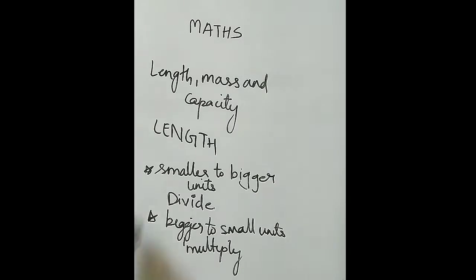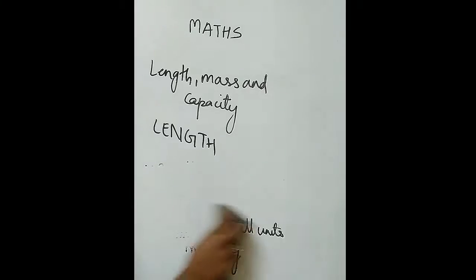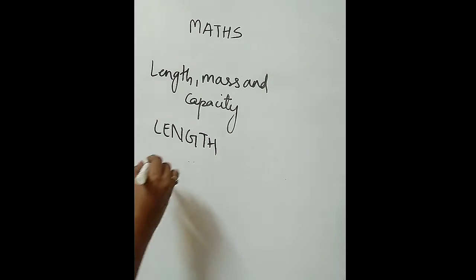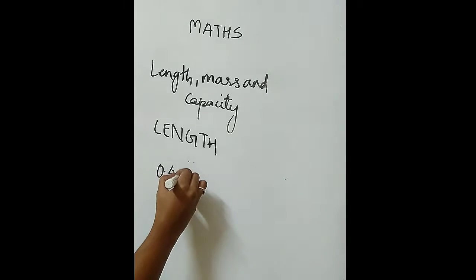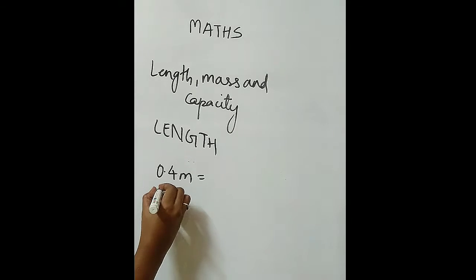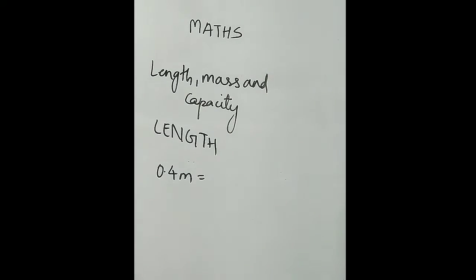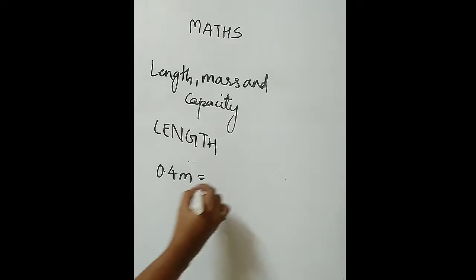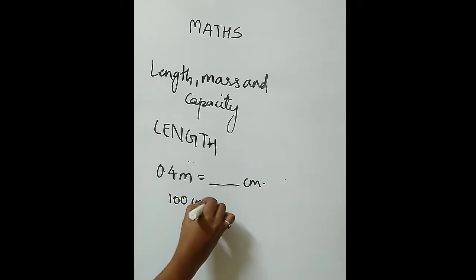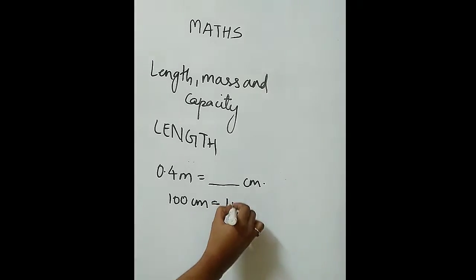I am going to give some sums. I am going to solve them and after that you'll understand how it is carried out. For example, I am talking about 0.4 meter. I have to convert that into centimeter. How will we convert it? Very simple. We have to find the relationship between meter and centimeter. 100 centimeter is equal to 1 meter.